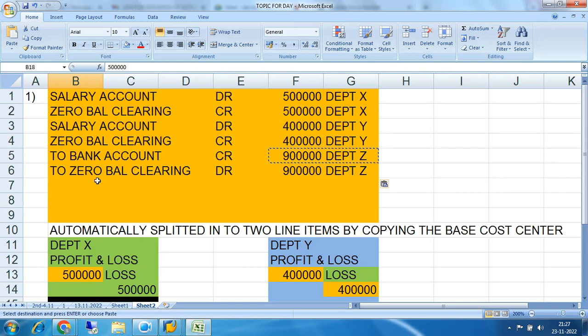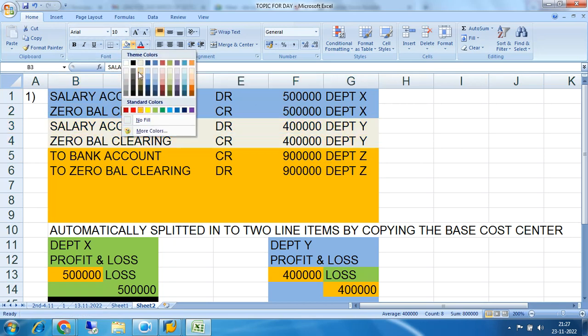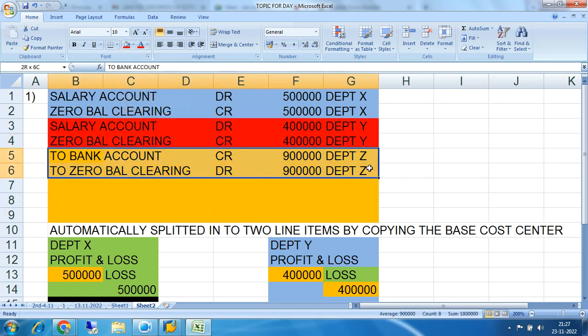Okay, so therefore department X will be fully balanced. Similarly, department Y will also be fully balanced in the same way. Then the department Z will also be fully balanced in that way.